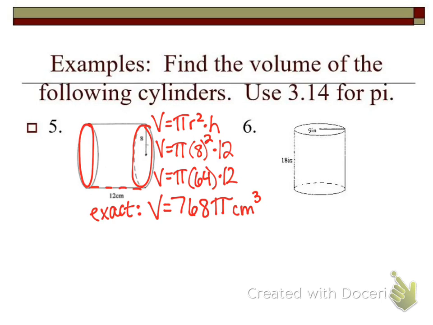For the approximate, that's where we actually multiply out the pi. So now if we were to take 768 and multiply it by pi, what do we get? 2,412.7. All right. Still centimeters cubed.